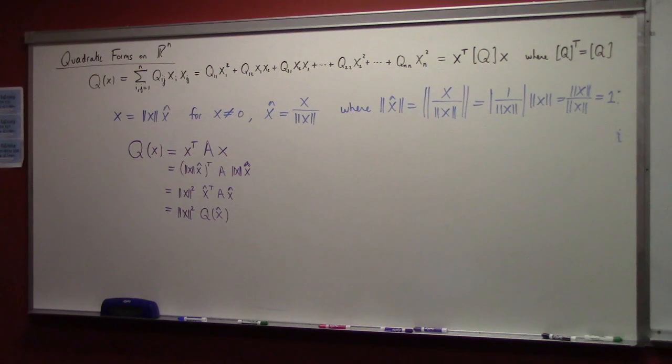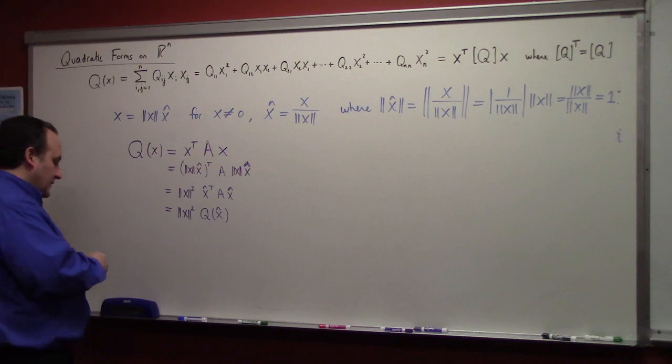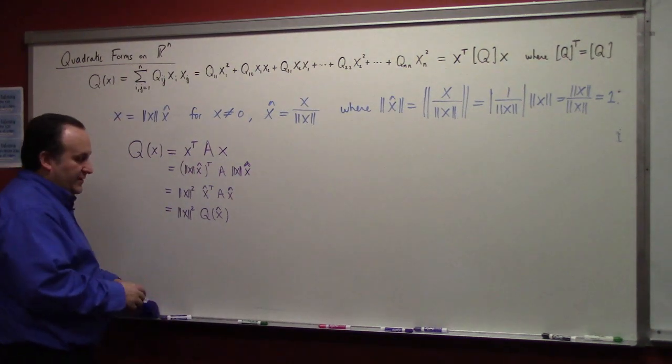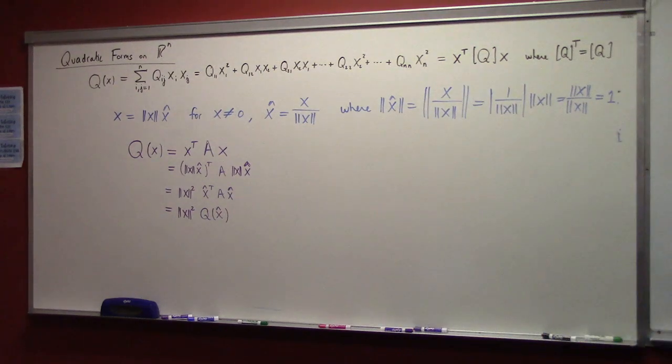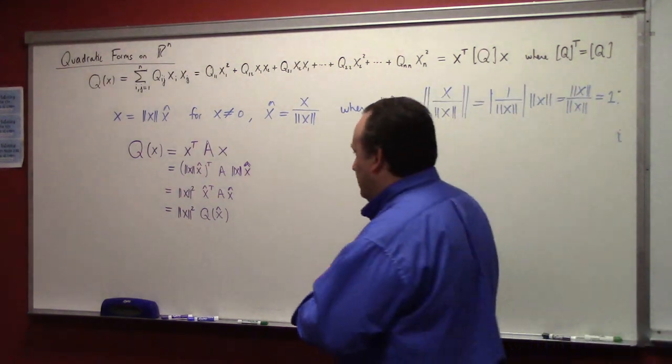So what does this mean? It means we have a theorem that we can write down here. A quadratic form on Rn is uniquely fixed by its values on the unit n sphere.